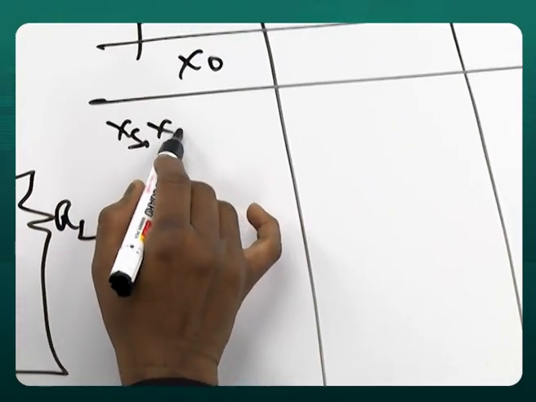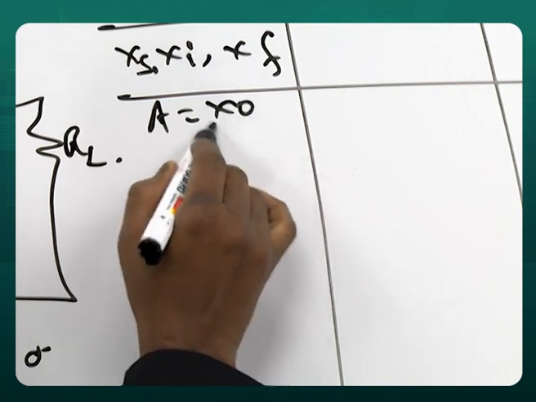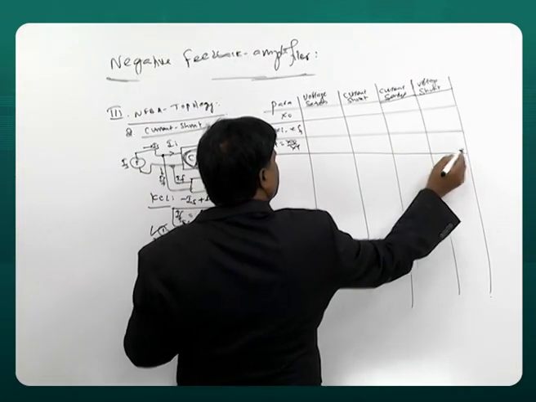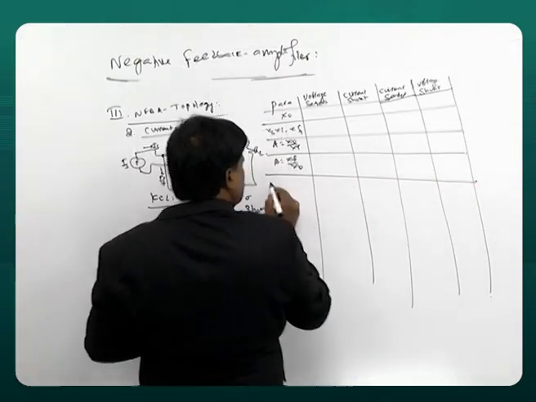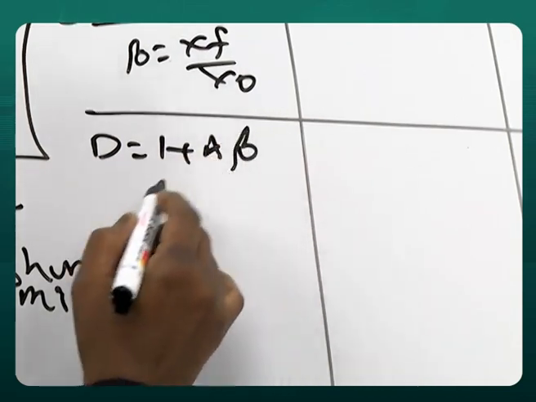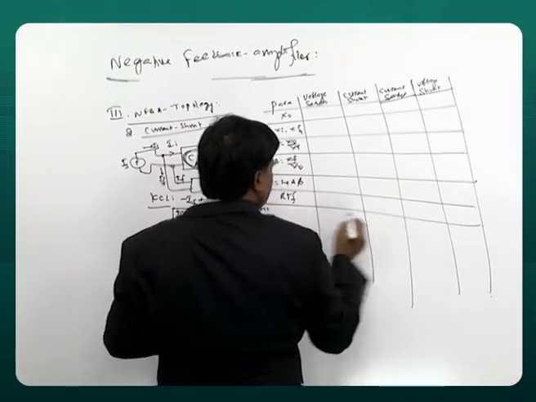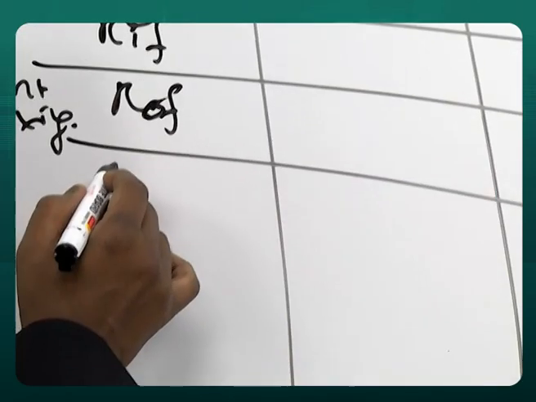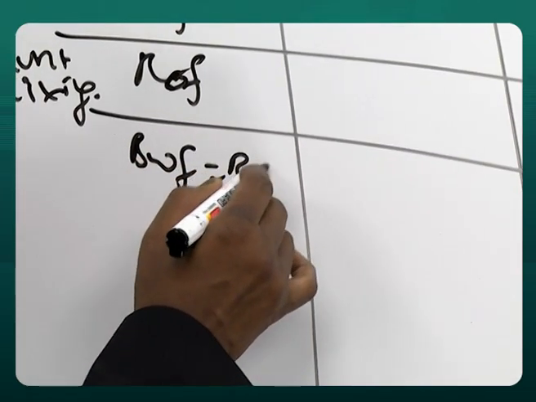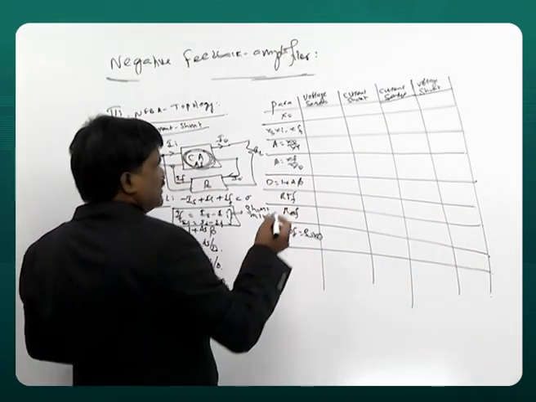X0, XS, XI, XF. AX0 by XI, beta XF by X0. D is 1 plus A beta. RIF, R0F, bandwidth F. This is the summary.